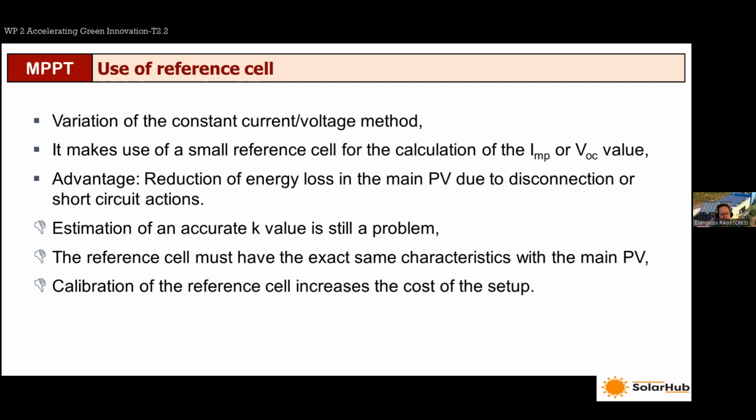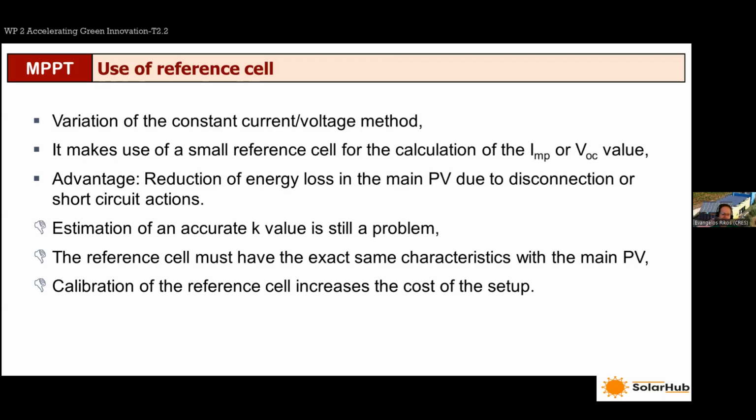We avoid this energy loss because we do not interfere with the operation of the actual PV system with the disconnection or short circuiting of the modules themselves. But the estimation of K still remains a problem. You cannot avoid this variability of it.